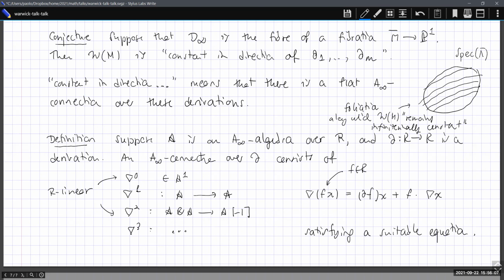So in directions tangent to this foliation, the category should not actually change, which corresponds to the mirror not actually changing. So the mirror not actually being deformed. Okay. And so the idea is that this foliation is exactly the foliation that's given by these vector fields d1 up to dm.